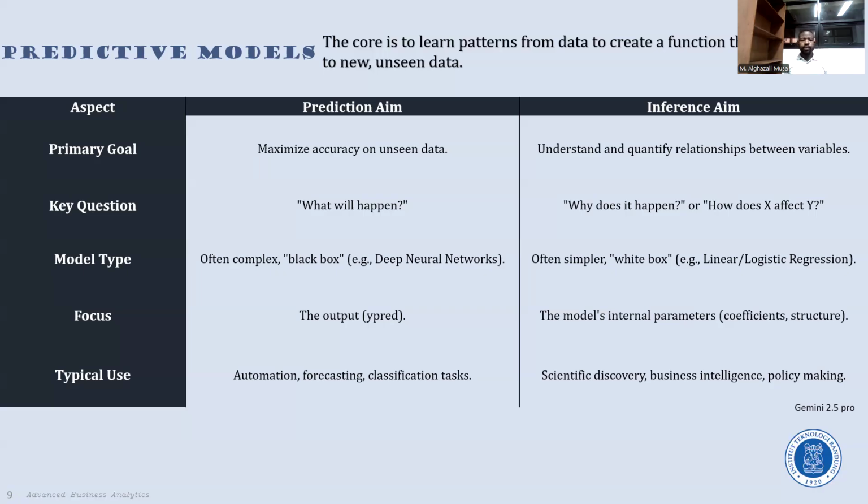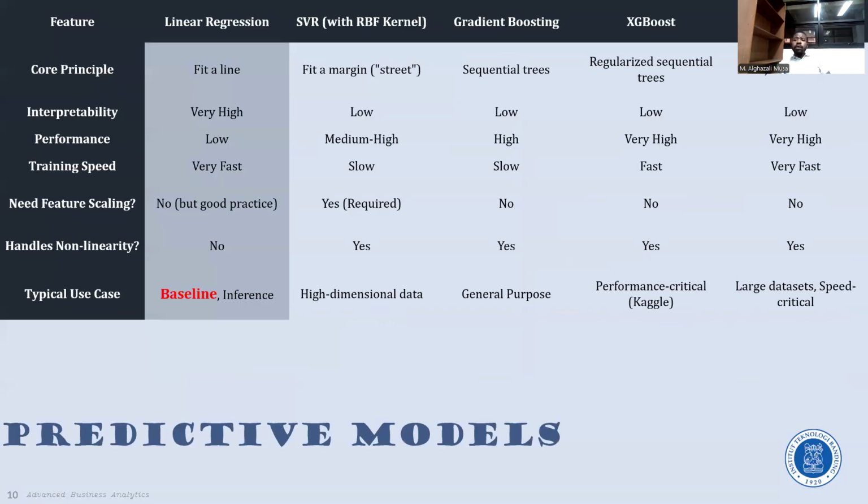So we are using the prediction models mostly for automation, forecasting, and classification tasks, while the descriptive ones are for business intelligence, for policy making, and also for scientific discoveries. So here are the main six models we use in this case.